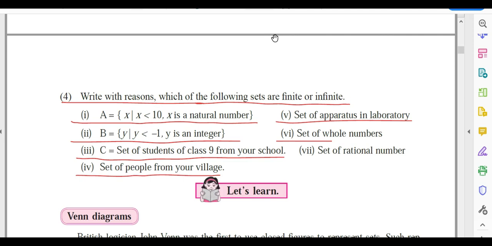Next is the set of apparatus in a laboratory. Again, we can count it, therefore it is a finite set.